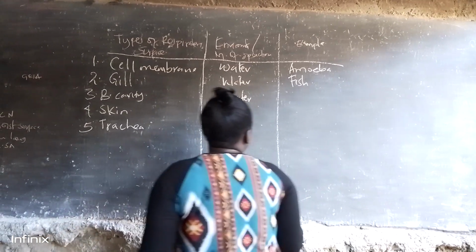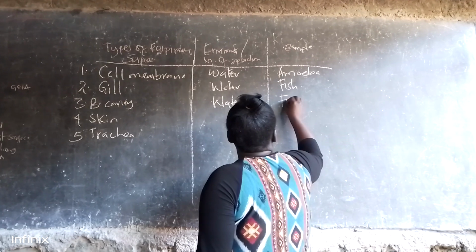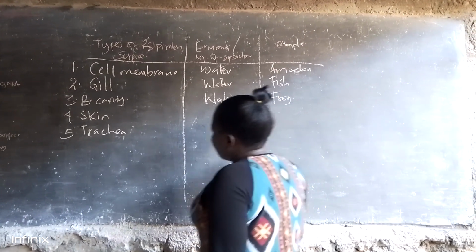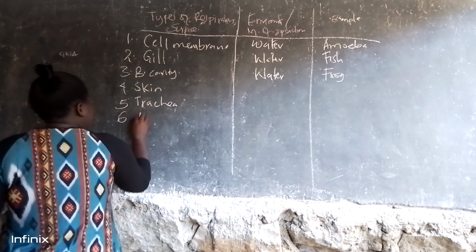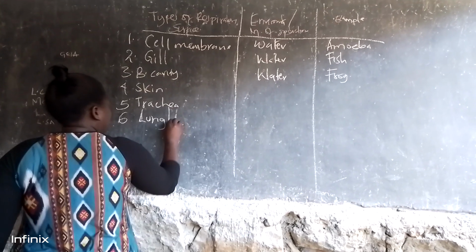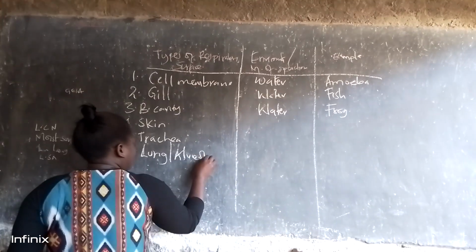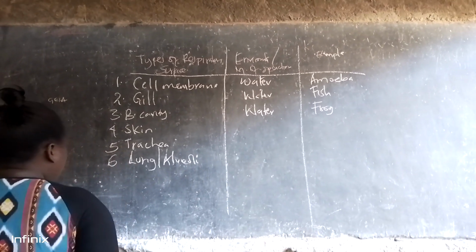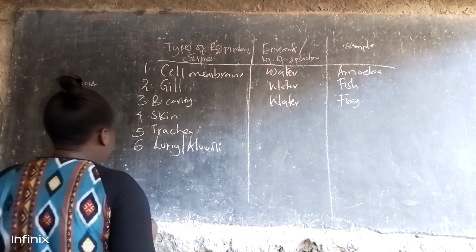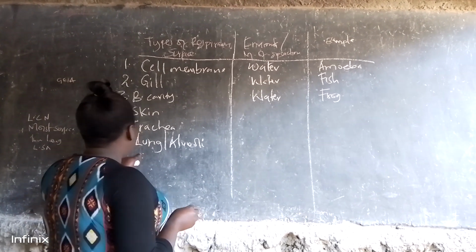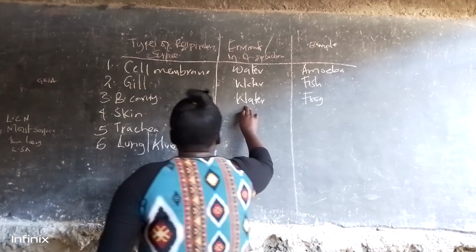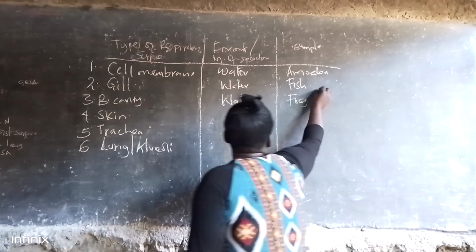The example is frog, but only some frogs. Then we forgot to say lung or alveoli. So the buccal cavity, water. Then frog, some frogs.